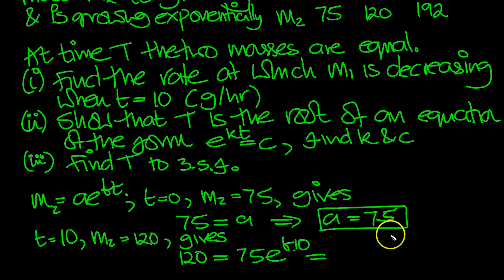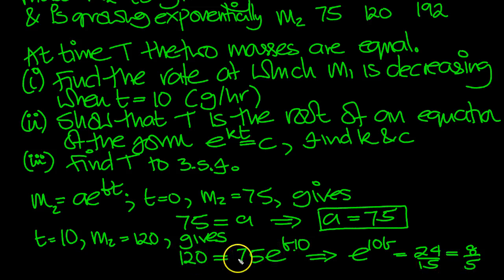So that tells us that e to the 10b is equal to 120 over 75. That's 24 fives, and this is 15, so 24 over 15. I moved the 75 underneath and tried to simplify the fraction as best I could. Divided by 3, that's 8 fifths.